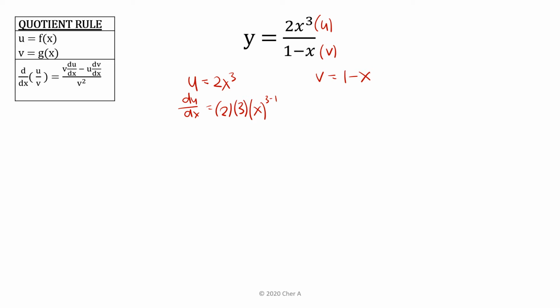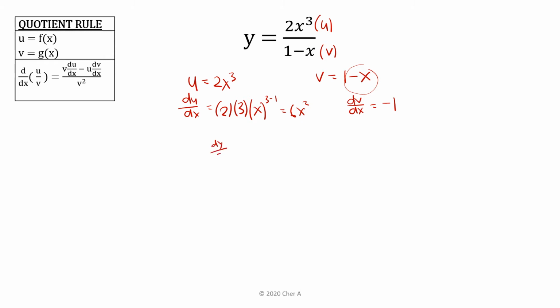So simplifying this, I will get 6x squared. For differentiating v, I will have minus 1 from here. Okay, now let's put everything together.